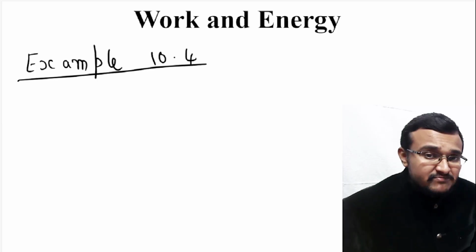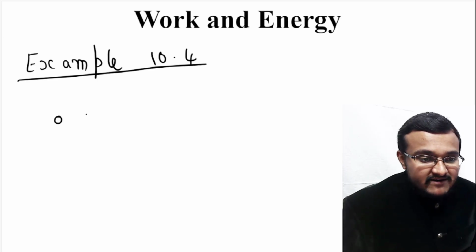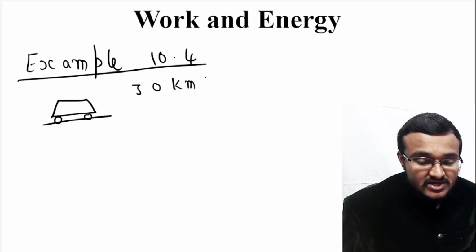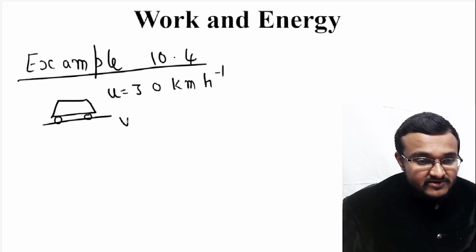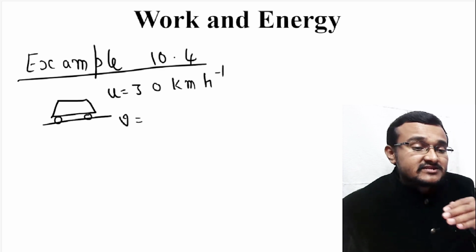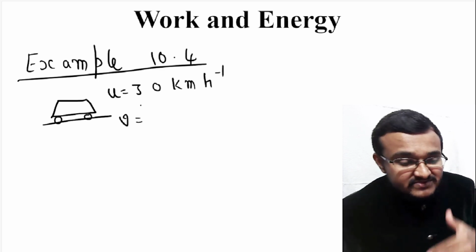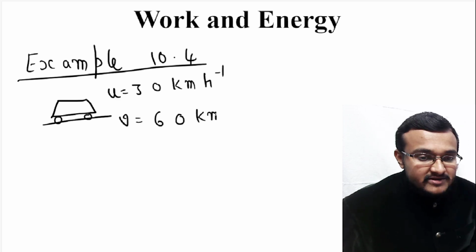Now coming to example 10.4, here there is a car. They have given a car which was initially traveling at 30 kilometer per hour speed. That means the initial speed of this car is 30 kilometer per hour, and the car has accelerated and reached a final speed of 60 kilometer per hour.